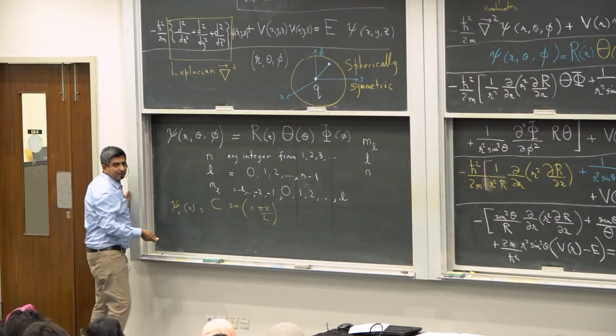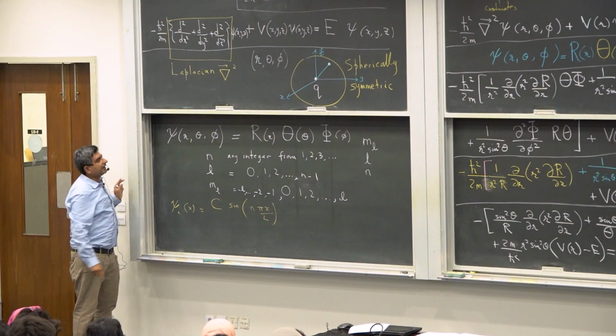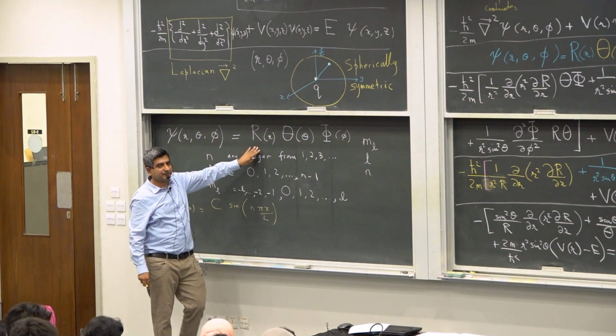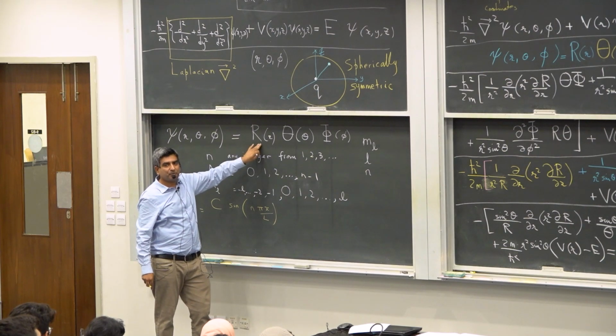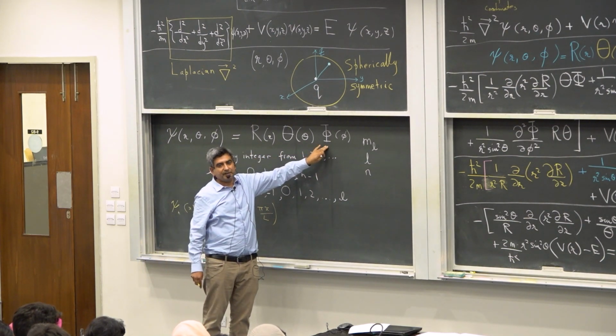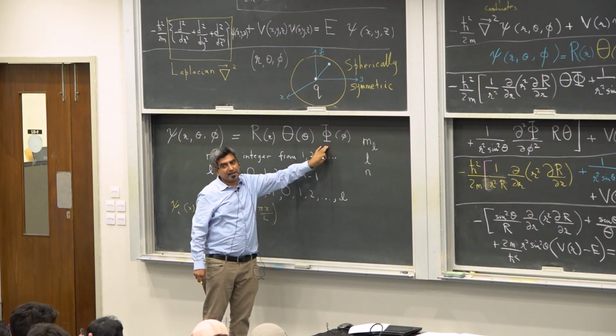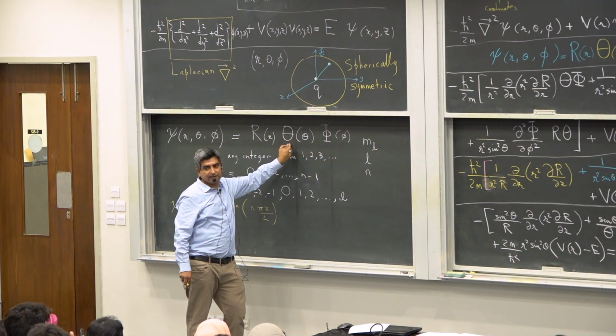This is for an infinite well. So this wave function is characterized by this number n. Likewise, this wave function r will depend upon n. Phi depends upon ml. Theta depends upon both L and ml.